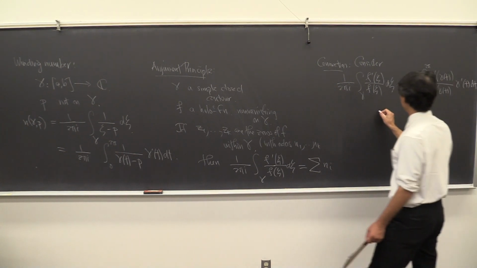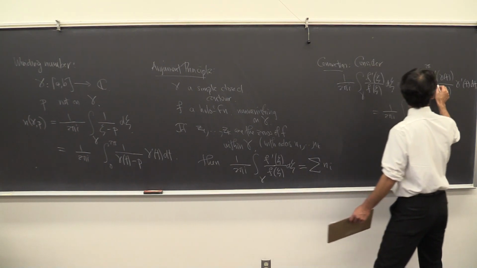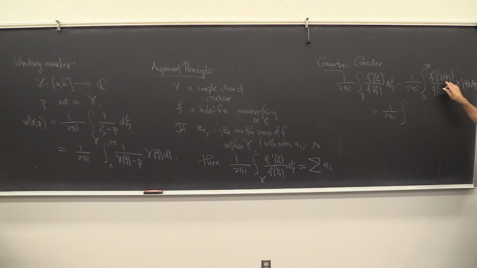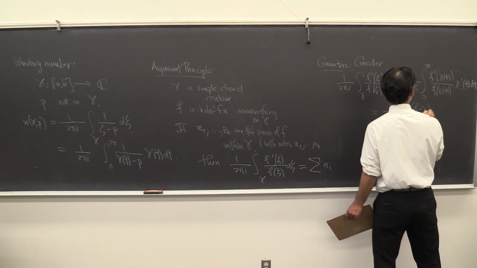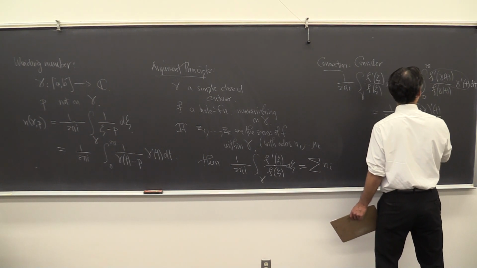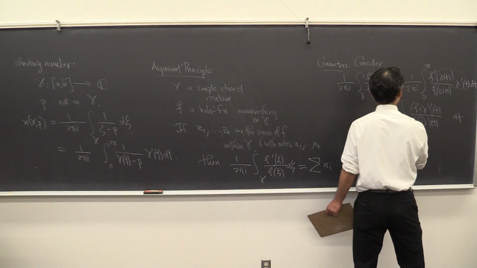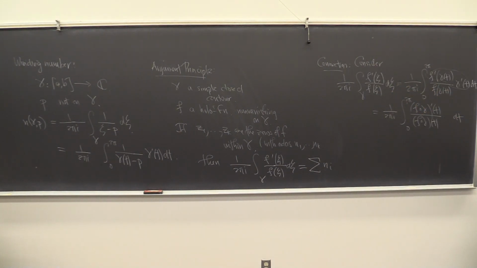But if you think about that just a tiny bit, this thing here, by the chain rule, is the derivative of the composition. So you get the integral from 0 to 2 pi of the derivative of f composed with gamma t over f composed with gamma t. And this maybe is starting to look a little bit more like the winding number.